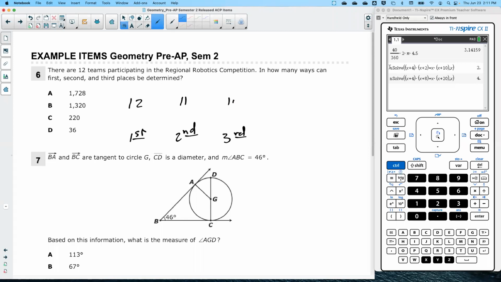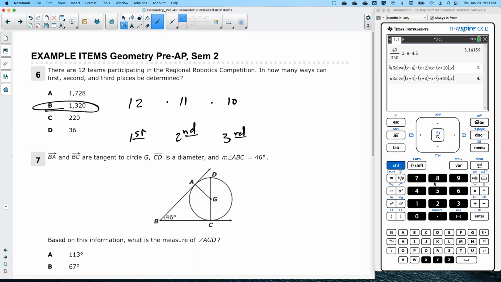Why only 10? Because first and second are already taken. So it's like a multiply pattern. Y'all do that in the calculator? What do you get? 1,320. Perfect.